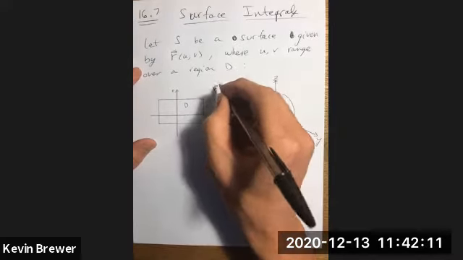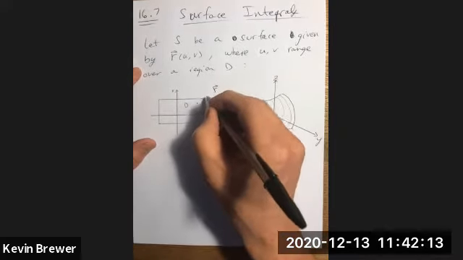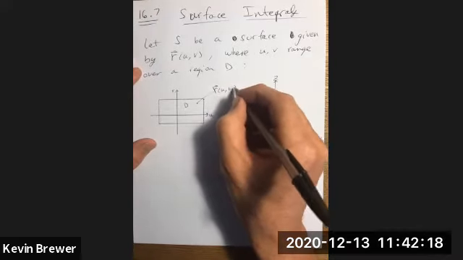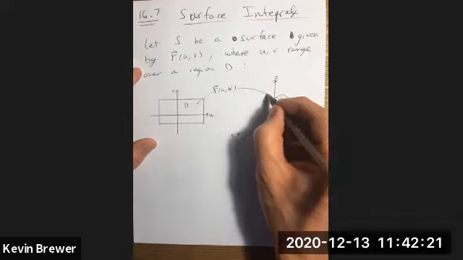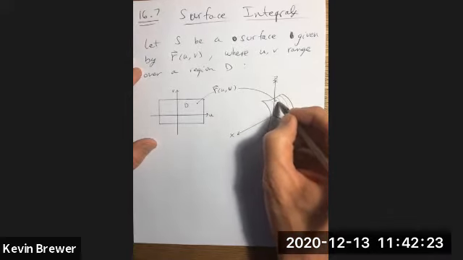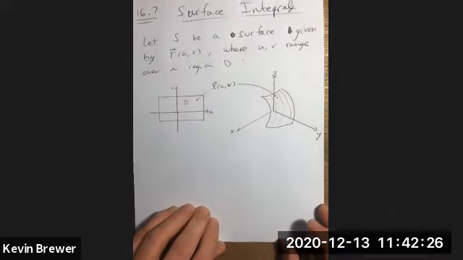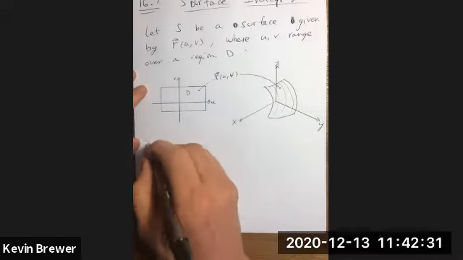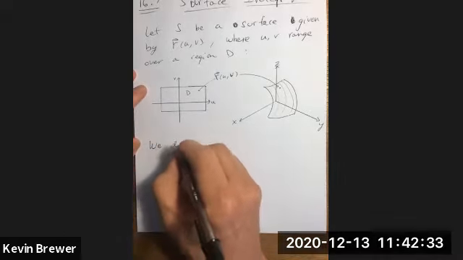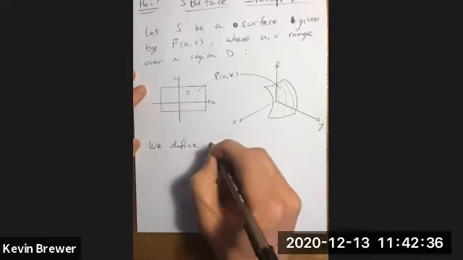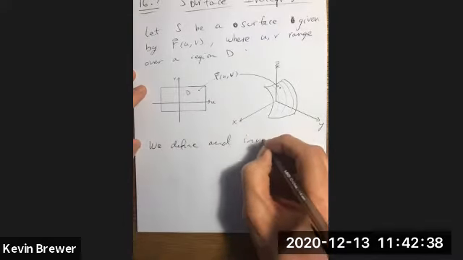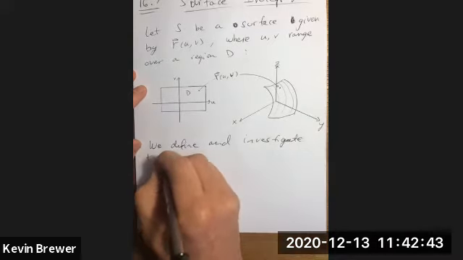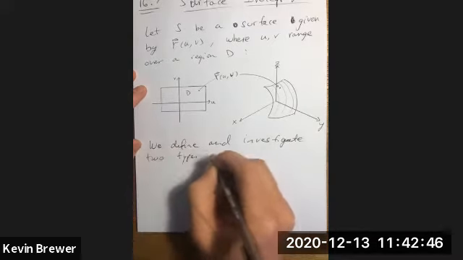So R, of course, goes from points u, v over to points in xyz space. And in this context, we define and investigate two types of integrals.